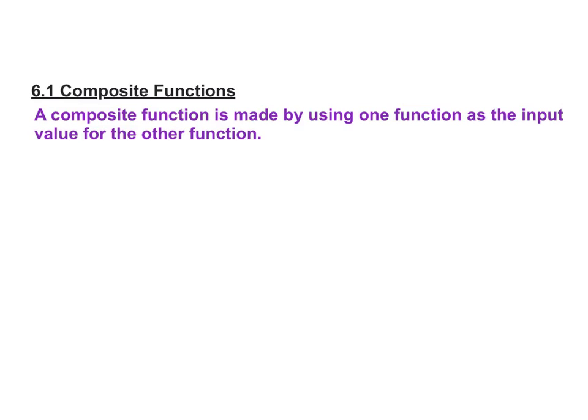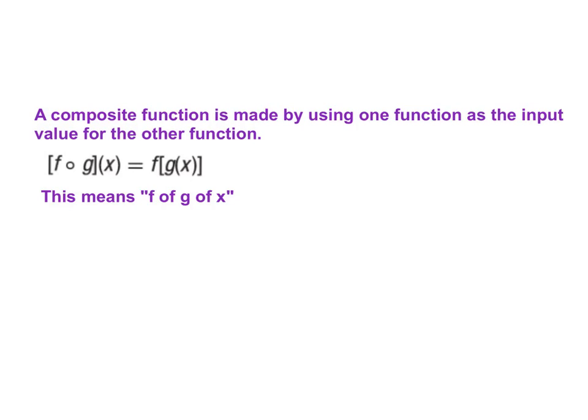There's some notation that we're going to look at, and this is going to play a part today, but we're going to actually use it later on. So here's some notation. This open circle, as opposed to on the previous slide where we had the multiplication, means f of g.